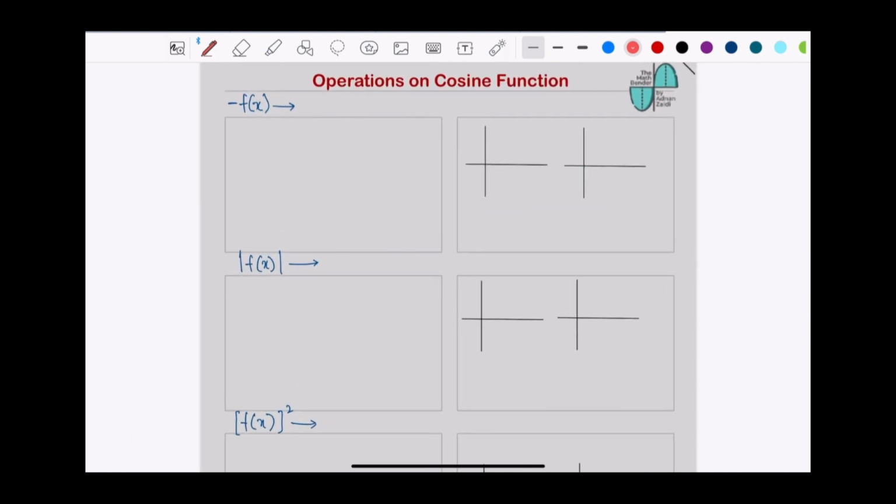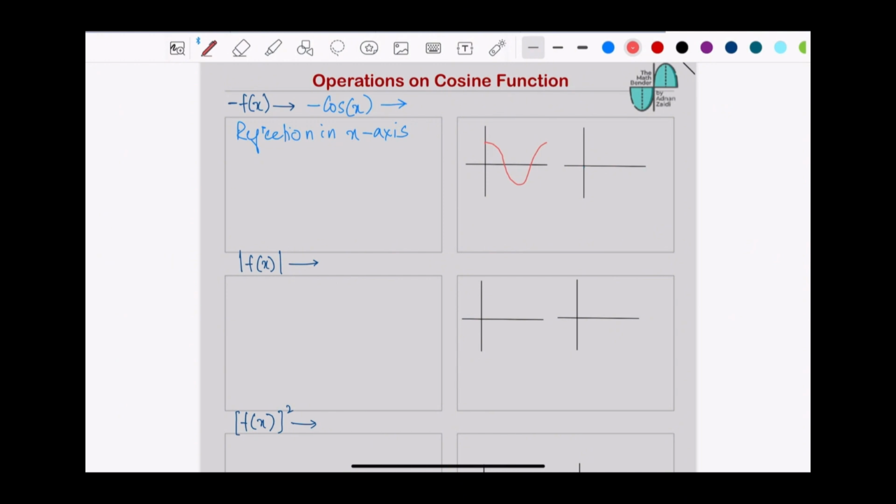Now here, in operations on the cosine function, if negative, this means negative cos of x, we already established that it's going to be a reflection in the x-axis. So by default, a cosine wave looks like this.